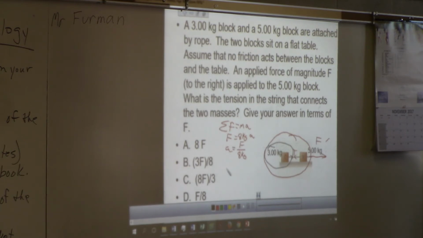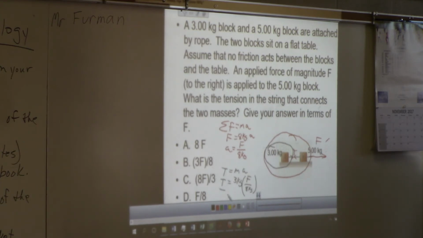Force F is not acting on block A, it's just the tension. It has the same acceleration, so for block A, force is equal to ma, so tension is equal to mass times acceleration. So tension is equal to 3 kilograms times my acceleration, which is F over 8 kilograms.